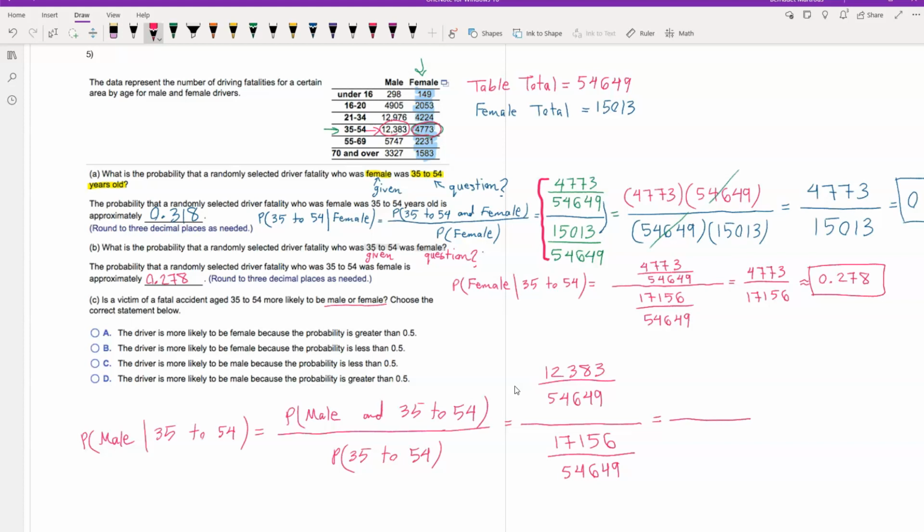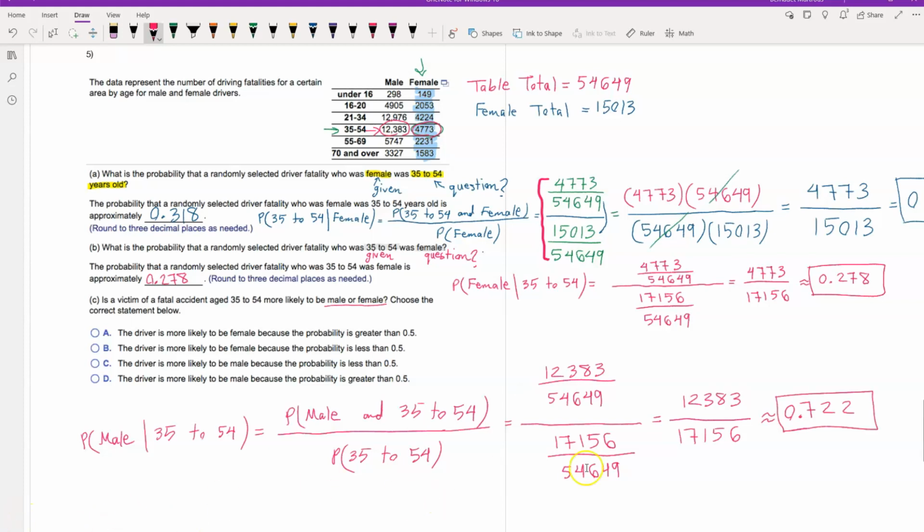Simplify. Rounding. The answer is 0.722.